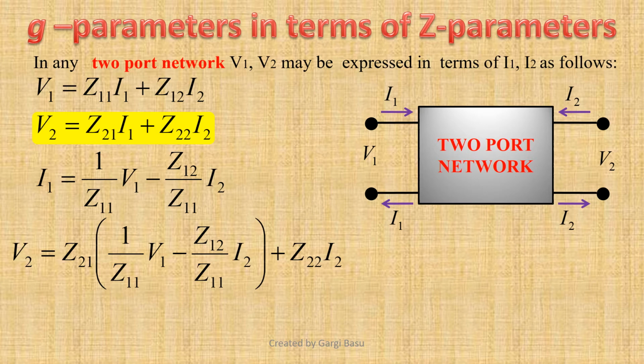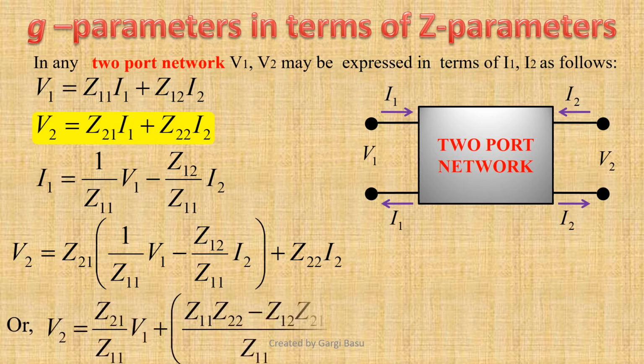Now rearranging this equation, we get V2 equals Z21 by Z11 times V1 plus Z11 Z22 minus Z12 Z21 divided by Z11 times I2.